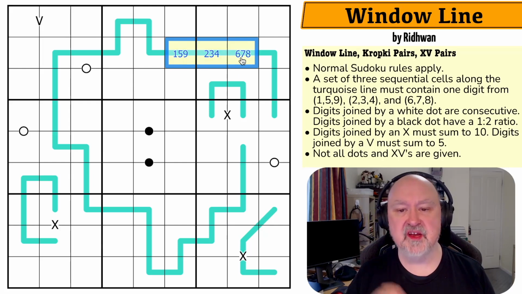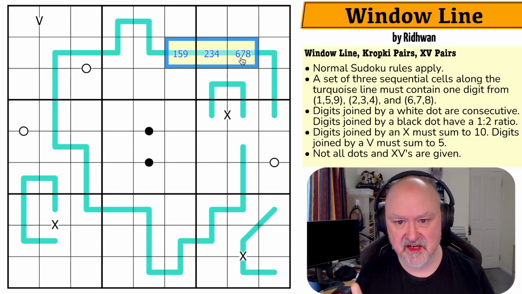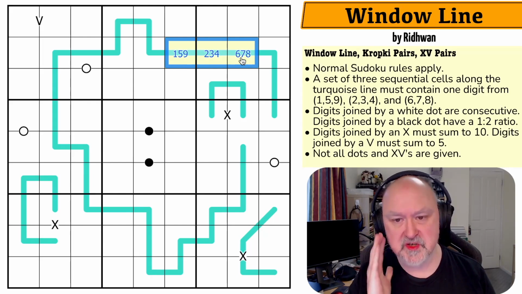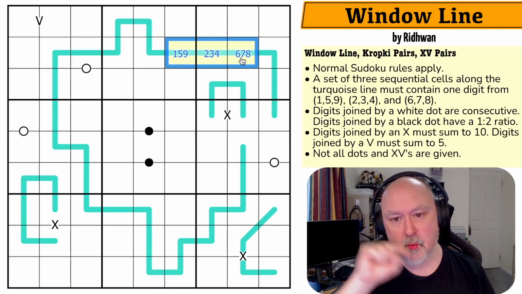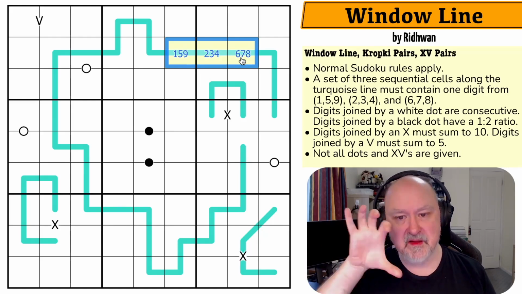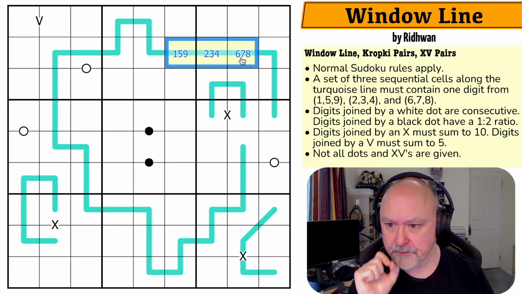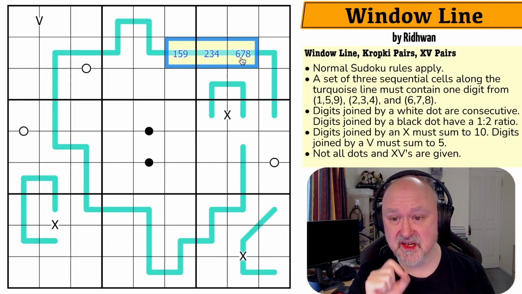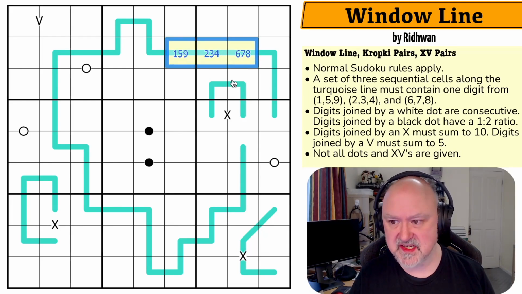So rather than being entropic, which is 1, 2, 3, 4, 5, 6, and 7, 8, 9, or modular, which is 1, 4, 7, 2, 5, 8, and 3, 6, 9, this is a different set. So you've got 1, 5, 9, which is setting the frame, and then you've got 2, 3, 4 between the 1 and 5, and 6, 7, 8 between the 5 and the 9. Interesting. I don't know how the properties of this are going to work, but these are going to be your different sets. Very interesting stuff.